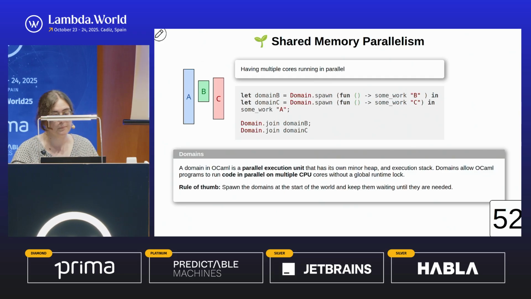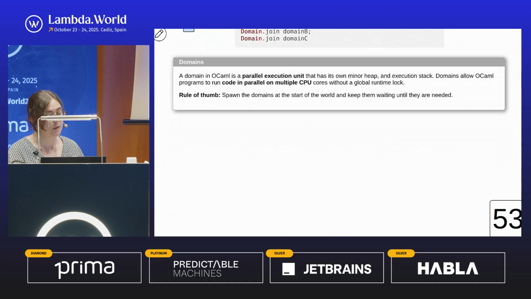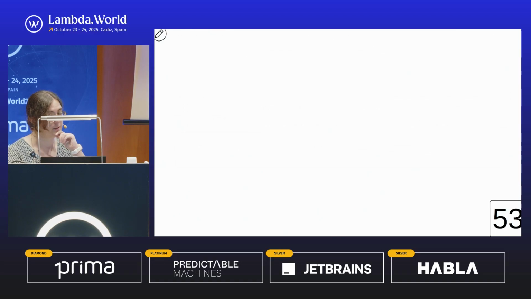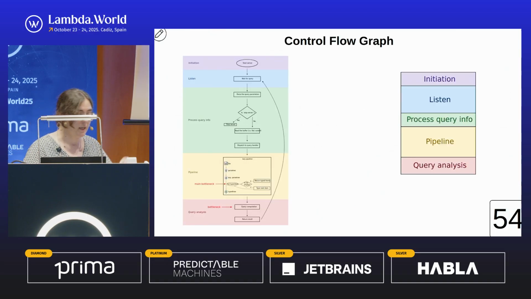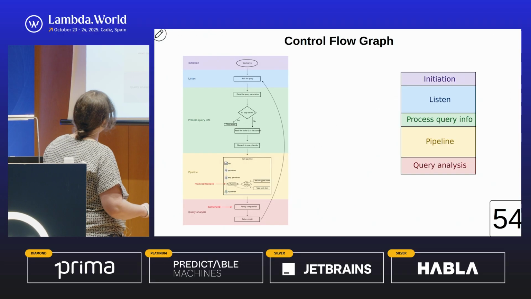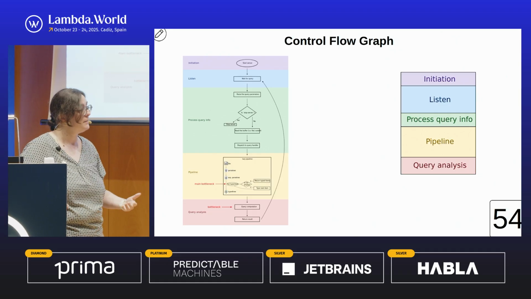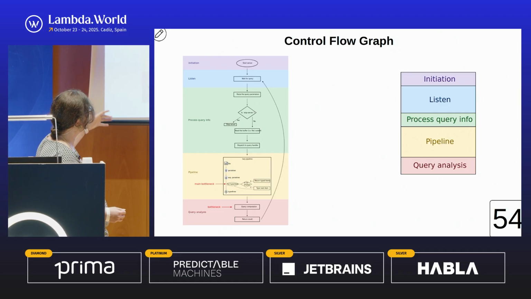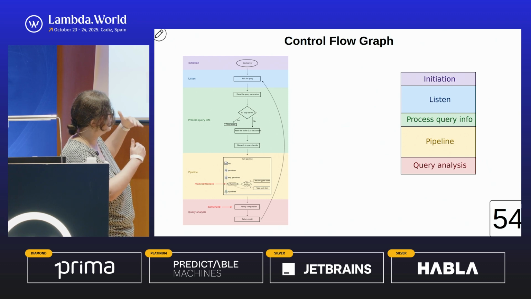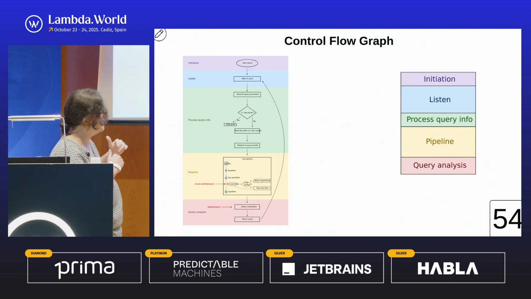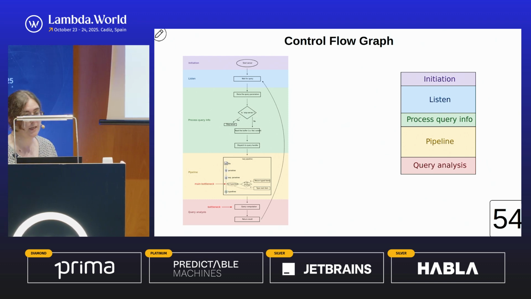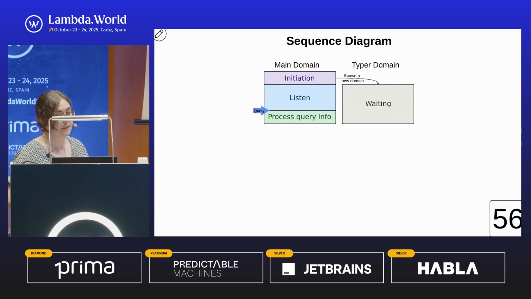So that's quite simple to use. And so let's see how we add that in Merlin to get some parallelism. I'm not going to use the control flow graph directly because what I need is a sequence diagram, but I am going to keep the same colors and the same different steps: initiation, listen, process pro-info, pipeline, and query analysis. And so the sequence diagram looks like that.